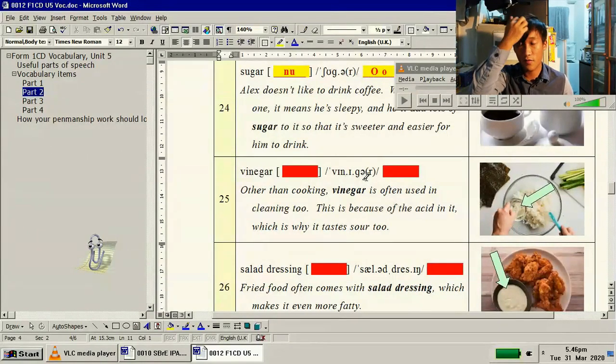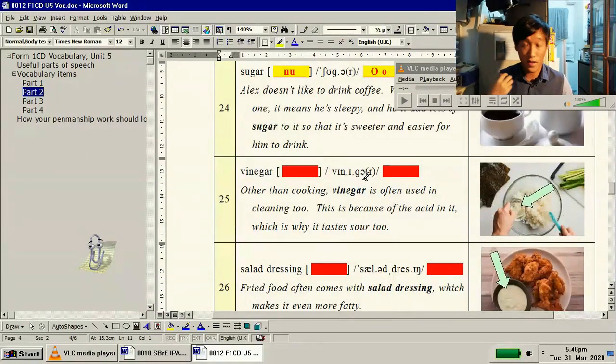If your clothes have a stain, then you may try to use vinegar to remove the stain. Or you can also use it in washing dishes after eating, if they have some stain on them.